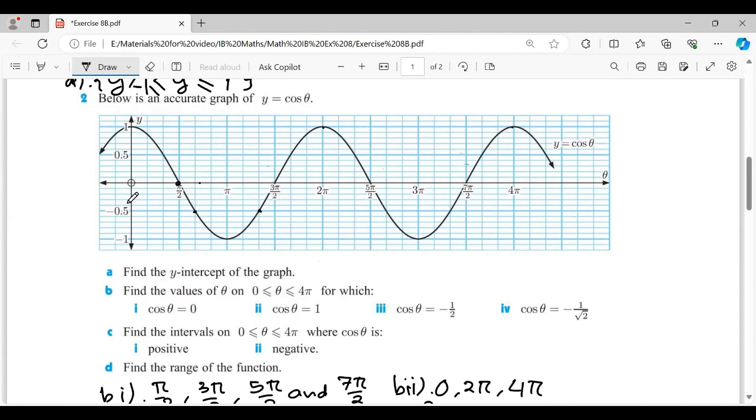It means negative 0.7. So find negative 0.7, which is around here.